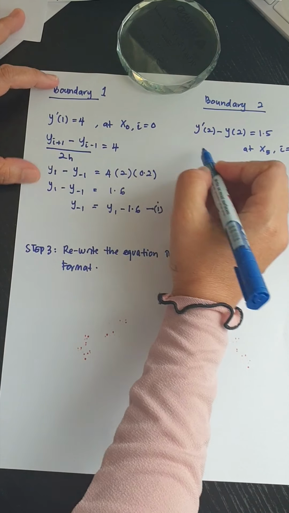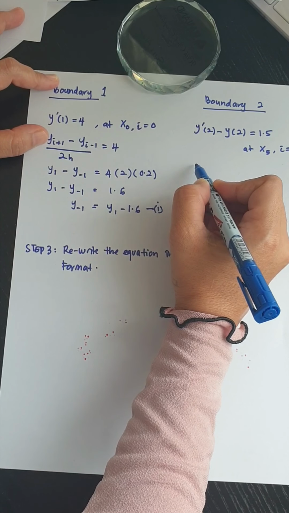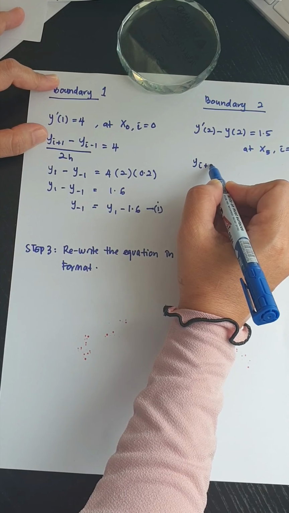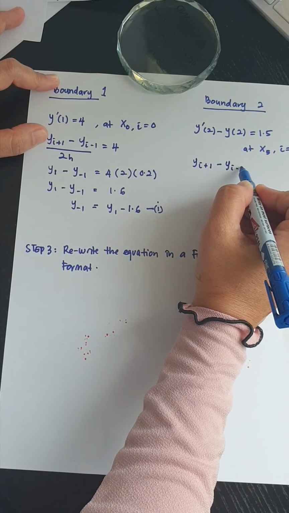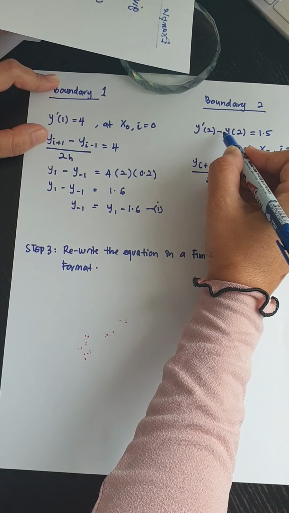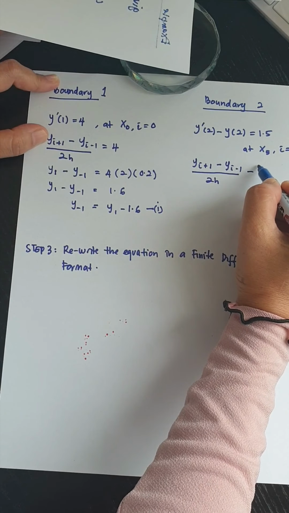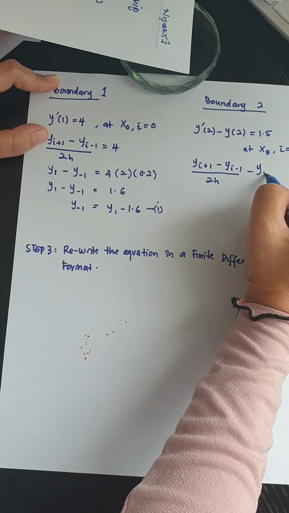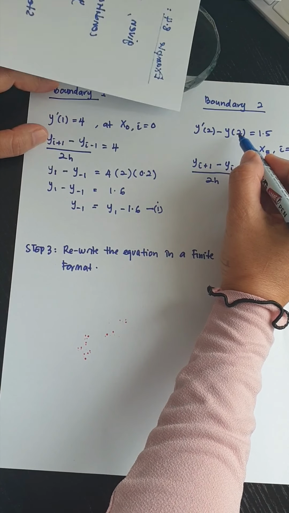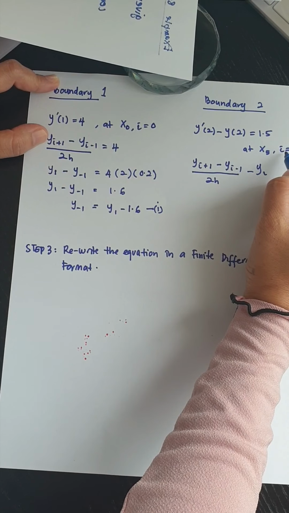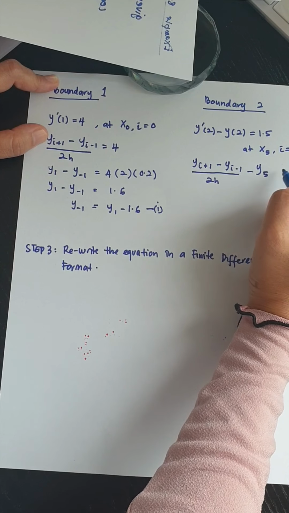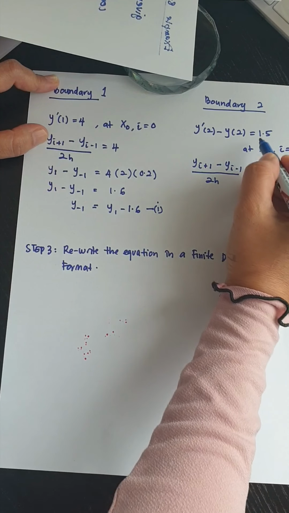The first derivative equation becomes yi plus 1 minus yi minus 1, divided by 2h, and then minus y2. y2 is actually at the second boundary, at x equal to 2, which is the same as i equal to 5. So I just replace y5 equal to 1.5.